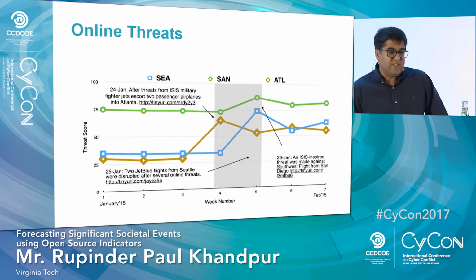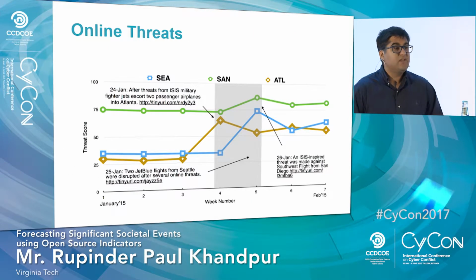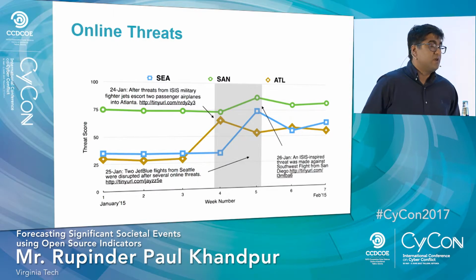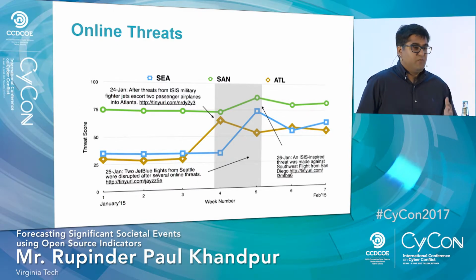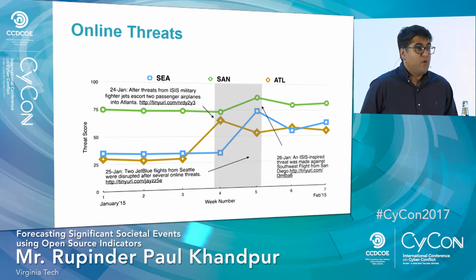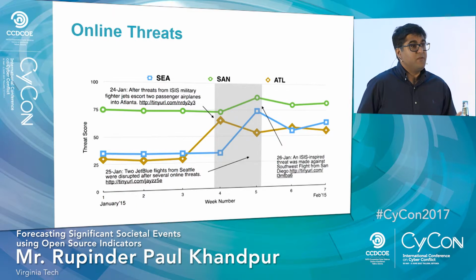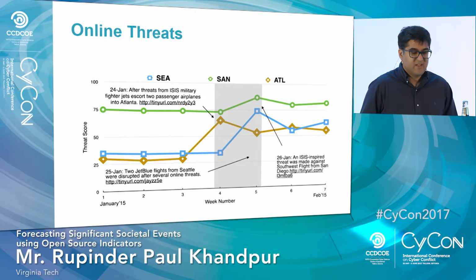And another key good example of that is the online threats that get issued through Twitter. And this graph shows you how well the system assesses the threat, especially in that window when the threat actually occurs.